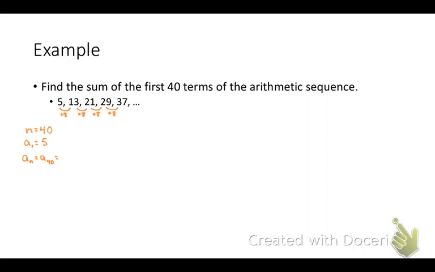So remember the rule is just a sub 1 plus the difference times n minus 1. So the first term was 5 plus 8 times n minus 1. So 5 plus 8n minus 8. So my rule is 8n minus 3.